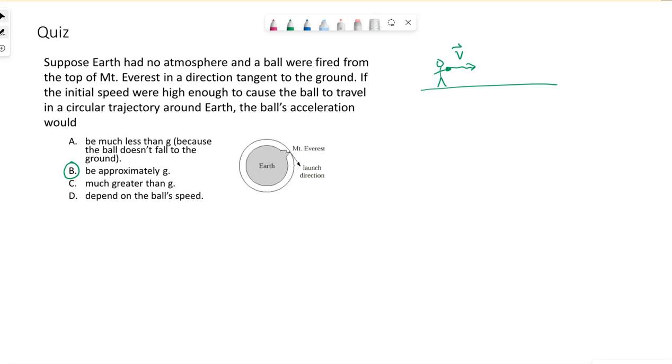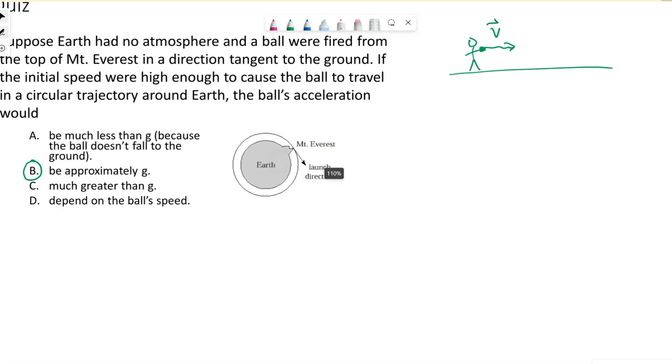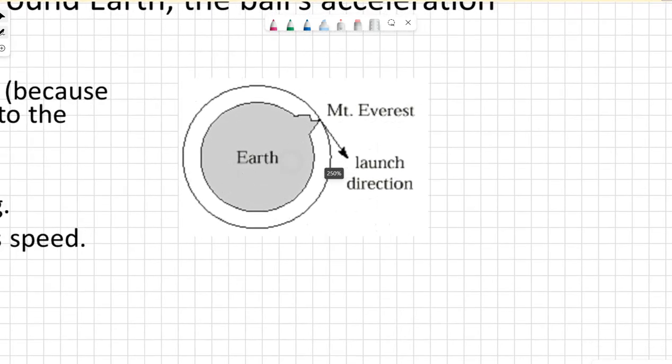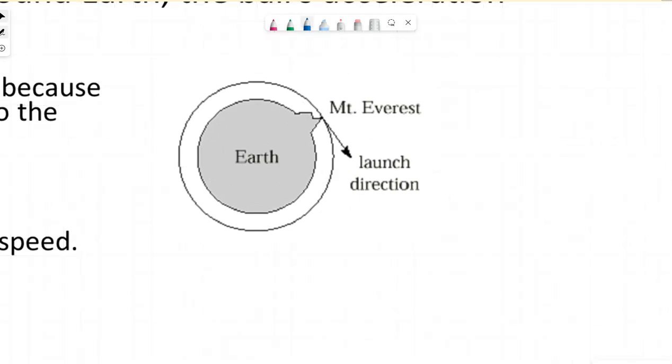So with Mount Everest, we could essentially ask this question, asking about the acceleration if we were dropping a ball at the top of Mount Everest, as opposed to throwing it. Now, this thought process, though, is interesting. It's one of Galileo's thought processes. So zooming in, if there was no atmosphere, this ball would go under projectile motion.